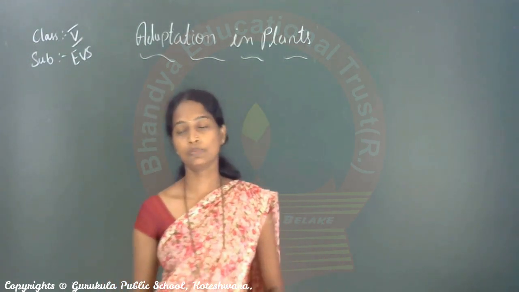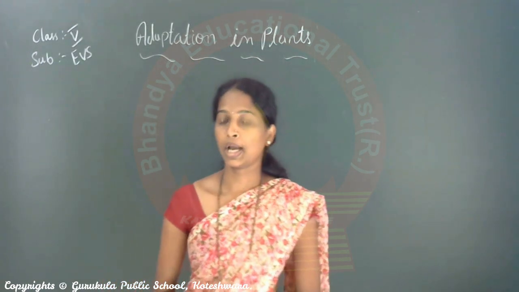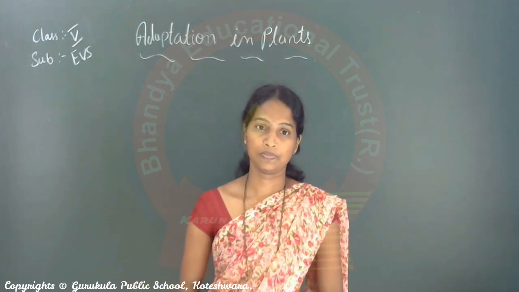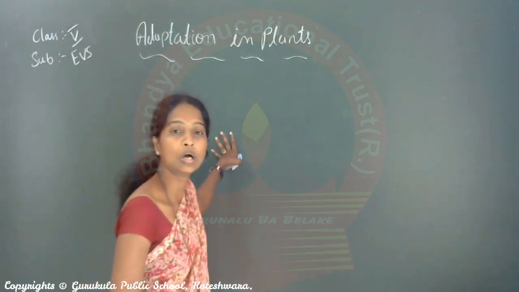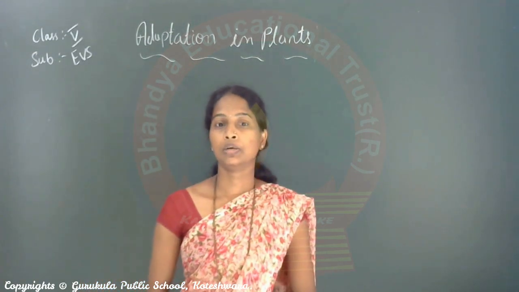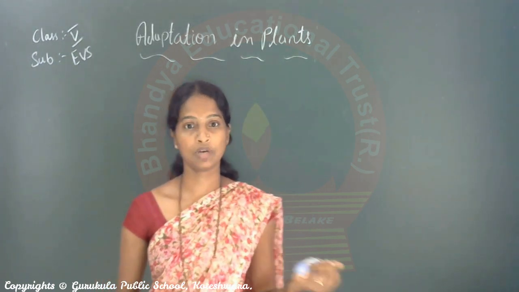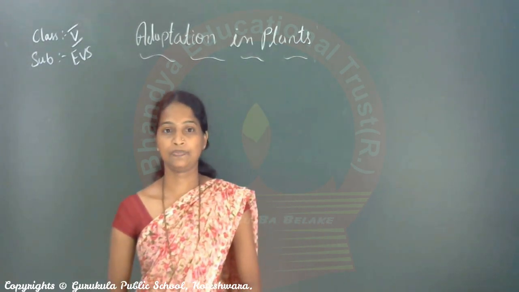Some plants grow very well in some areas because of their adaptation. Depending on their adaptation or their landforms, we have classified plants into two types. One is aquatic plants, the second is terrestrial plants.